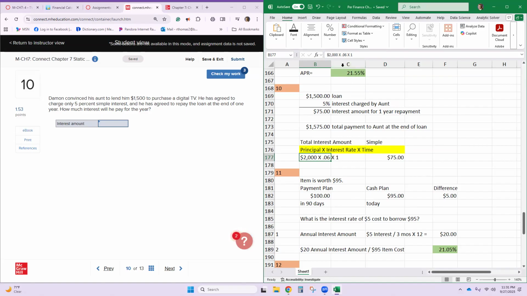So we have a $1,500 loan times 0.05 times 1 year. Yep, the 1 is there. And then $75 is the interest amount. So at the end of the year, he'll have to pay his aunt back $1,575.